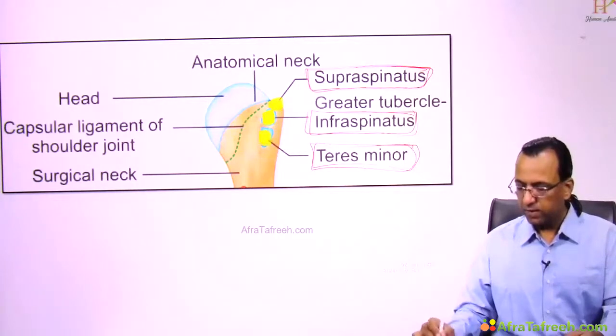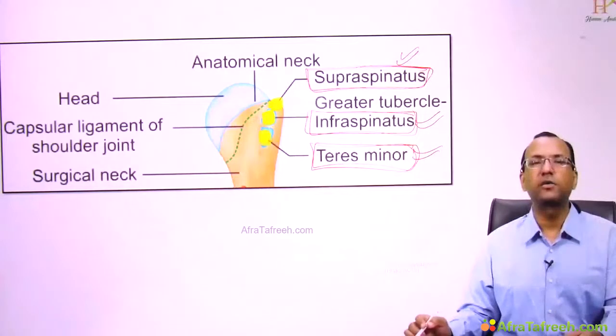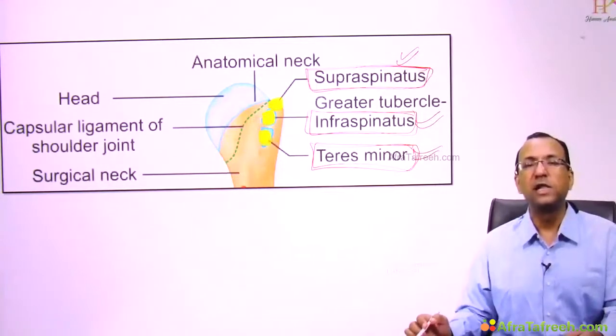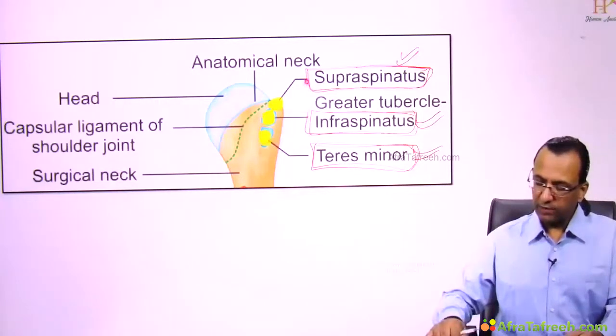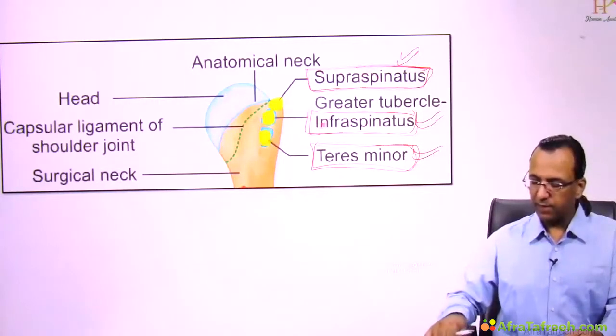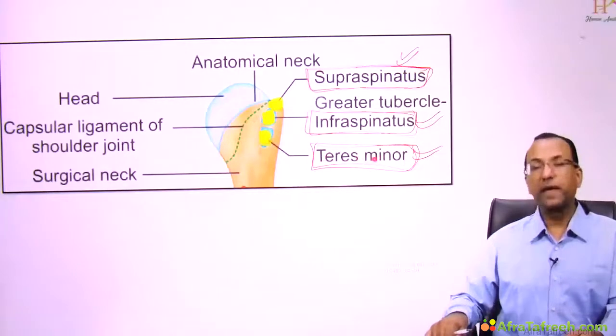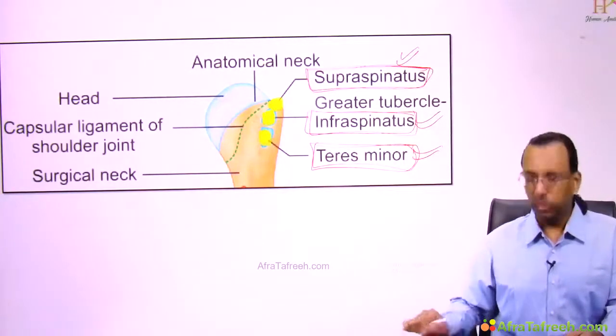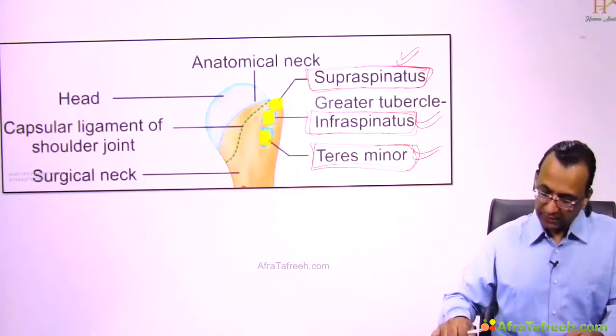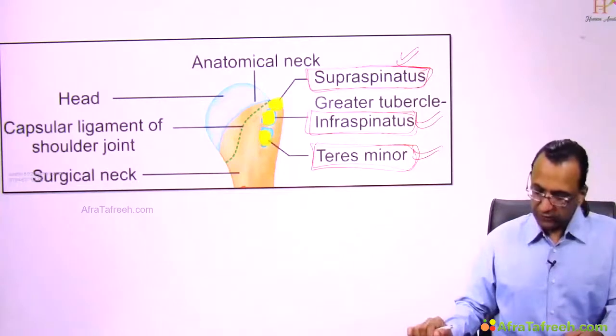But remember, whether supraspinatus, infraspinatus or teres minor, the SITS muscles sitting on the greater tubercle come from the dorsal aspect of the scapula. One is above the spine of the scapula, one below the spine of the scapula, and one from the lateral border of the scapula, inserting on the greater tubercle.